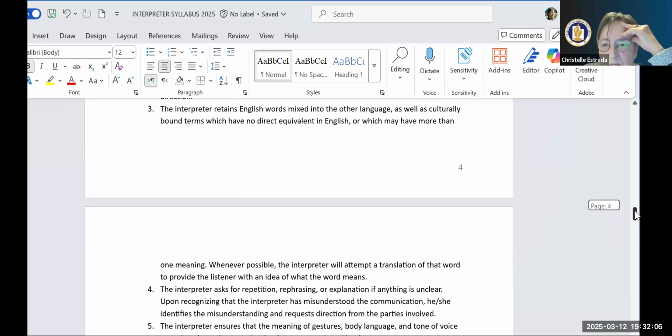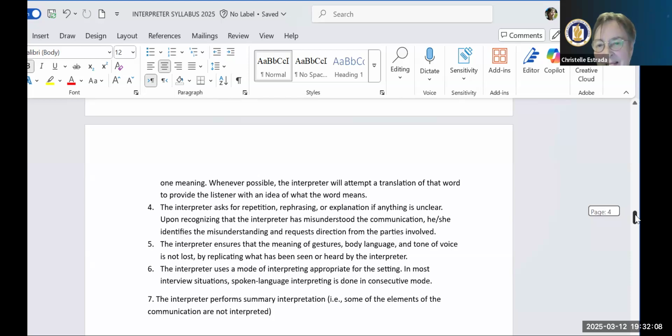So it's kind of a big responsibility because you're trying to do it as accurately and with great fidelity. But if there's confusion, it's your responsibility to help the person who's facilitating know that there is confusion. And it has to be done so that the person understands exactly what the person who's leading the meeting means.